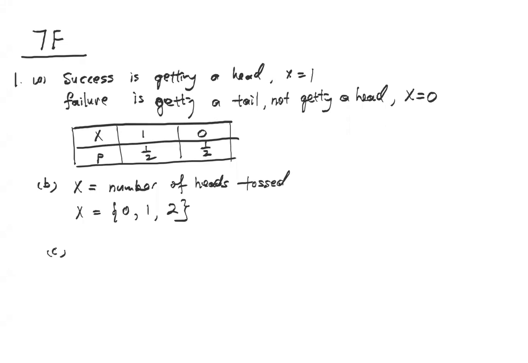Okay, now, how about C? X is equal to the result when the spinner alongside is spun once. So what are the possible values for X? 1 and 2. Is there a success or failure?